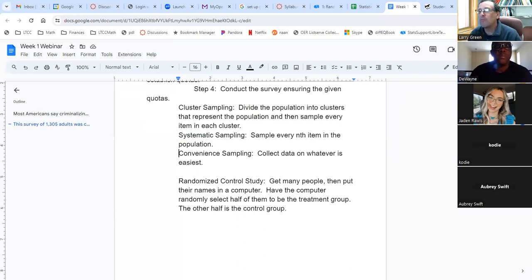And they randomly selected, I'm not exactly sure if it was 20,000, but let's just say it was, so they put all their names in a computer and had the computer randomly select 20,000 of those people. Those 20,000 people got the vaccine. The other 20,000 people got a shot and were told they got the vaccine, but they got nothing.